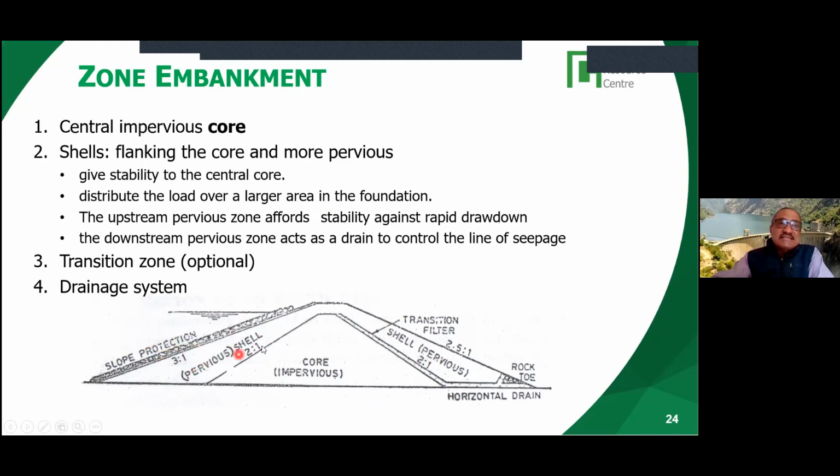Since the moisture content here will be relatively lower, of course not as much as a volume of water, when there is a drawdown of water, it will not just fall down. And the downstream pervious zone acts as a drain to control the line of seepage.